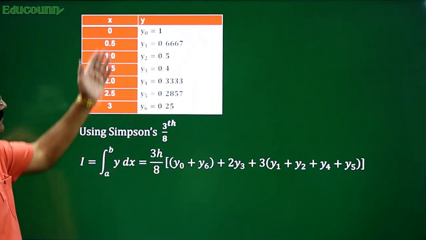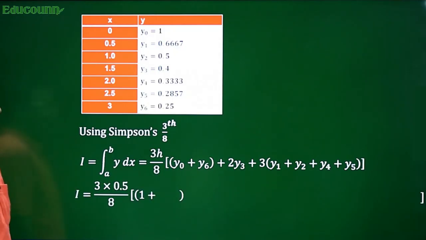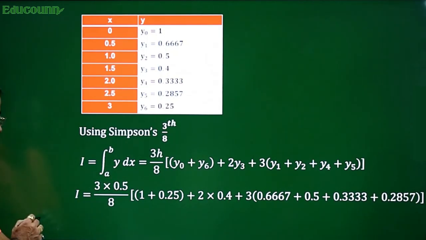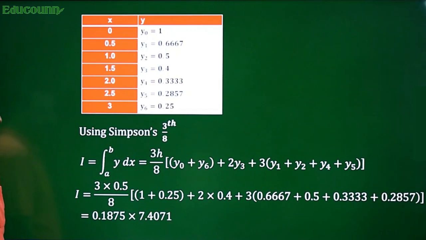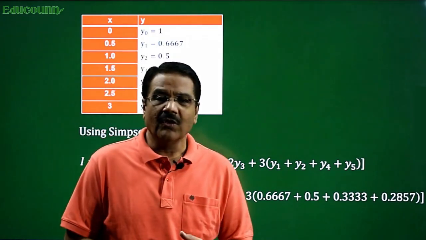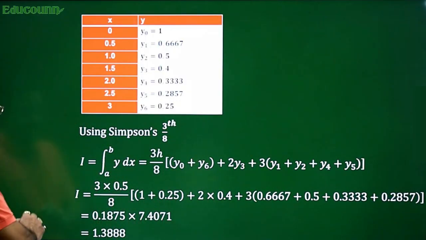Okay, now substitute all these values in this formula, and then let us see what result we get for this numerical integration. So here we can see that we get the final answer as 1.388.